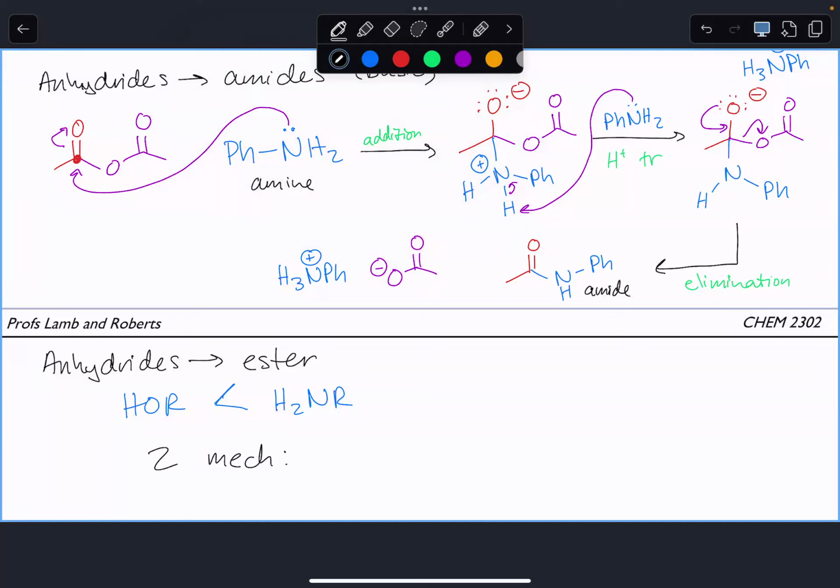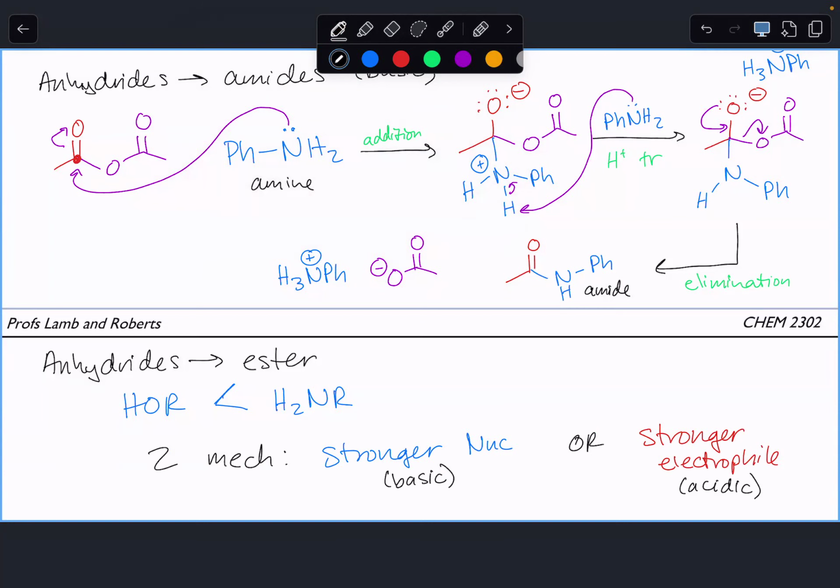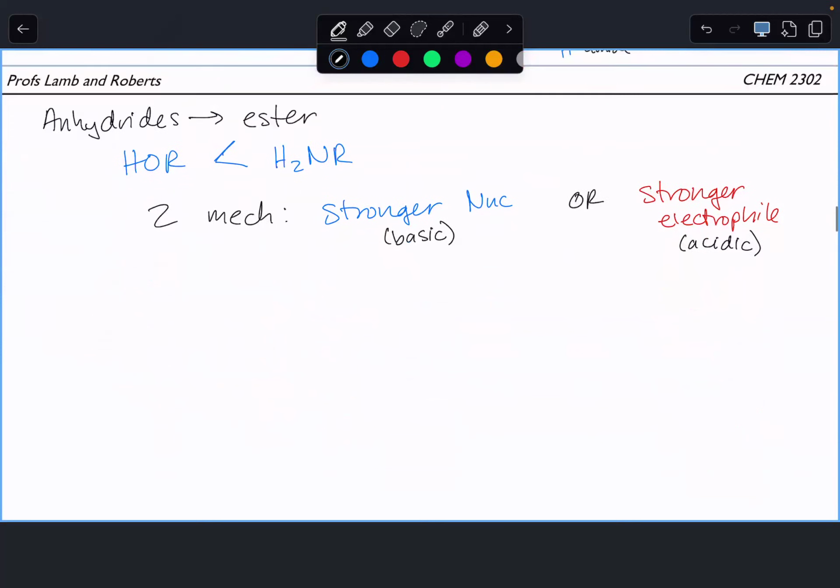We can either make a stronger nucleophile, which is our basic conditions, or we're going to make a stronger electrophile, which is our acidic conditions. Okay? So all of that is driven by the fact that alcohols are not super great nucleophiles by themselves. So we have to bias the mechanism, either stronger nucleophile or stronger electrophile.